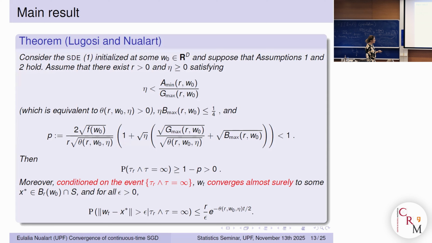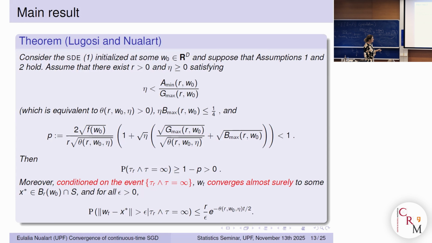So what we observe is that we expected that when eta converges to 0, this probability converges to 0 as well. Well, this is not true, and this is where the method of proof didn't allow us to prove more. So it remains an open question to show that this probability converges to 0 when eta converges to 0. Our method of proof only allowed us to show this, but it's already something.